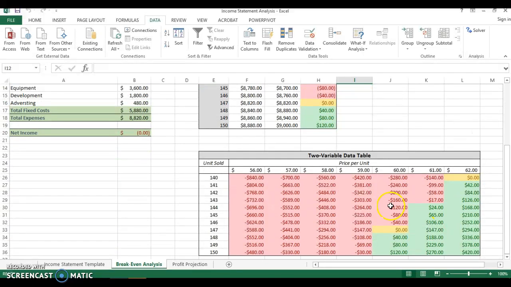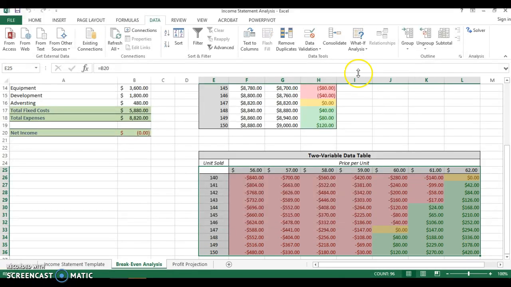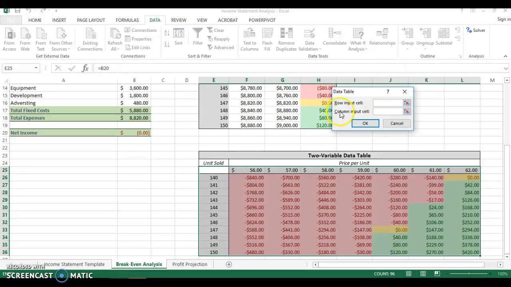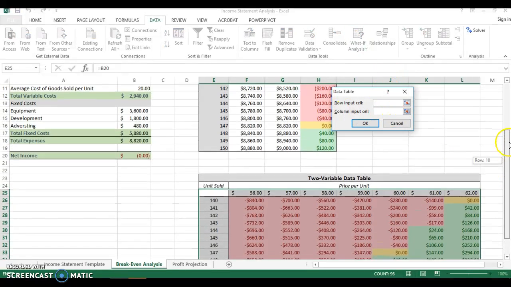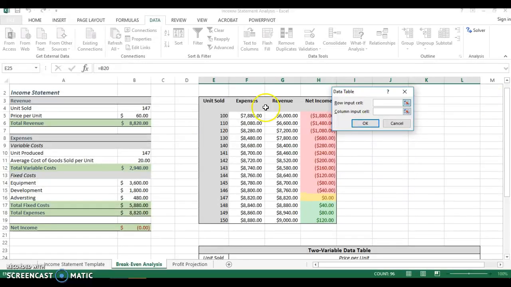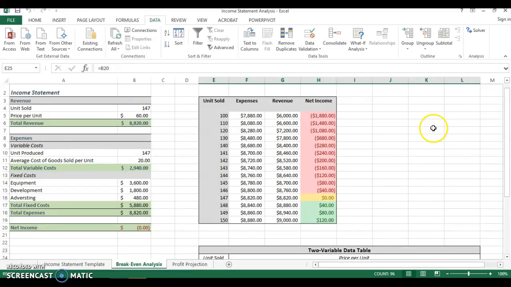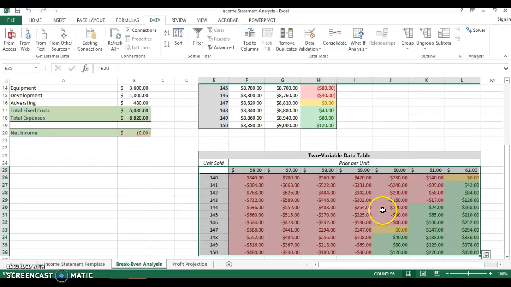Let me quickly show you how to do that. You just need to highlight the data table and go to What-If Analysis, Data Table. This time your row input cell will be the price, and the column input cell will be the number of cakes you sell. Then click OK, and it will show you this table.